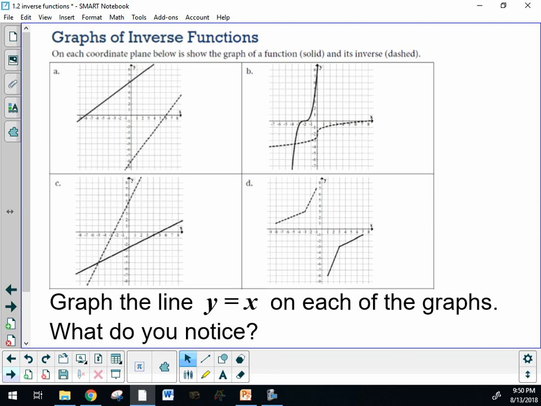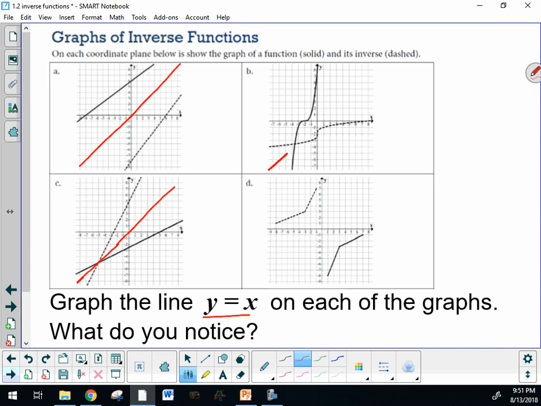So I don't know if you notice, these instructions here say to graph the line y equals x. That's a diagonal line. And if we graph the line y equals x on each of these, if I can draw a straight line, what do you notice?